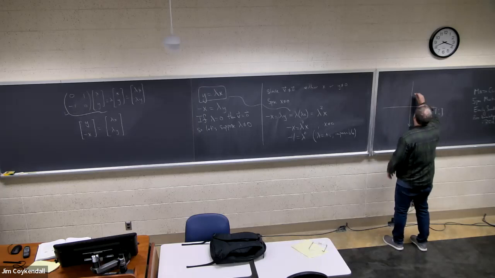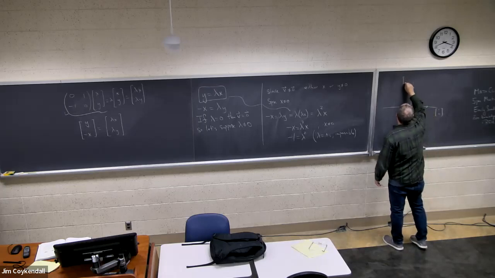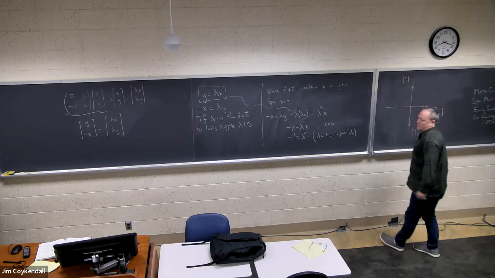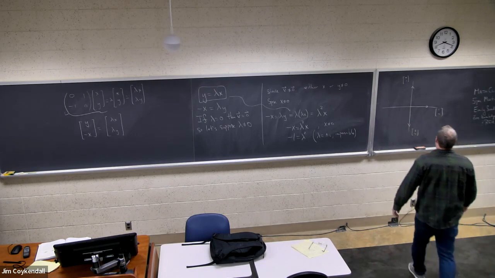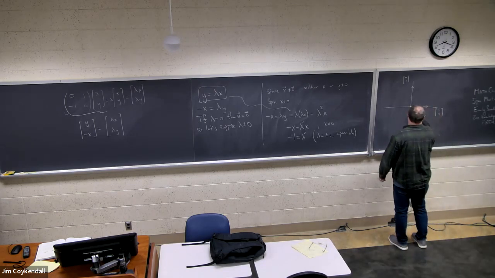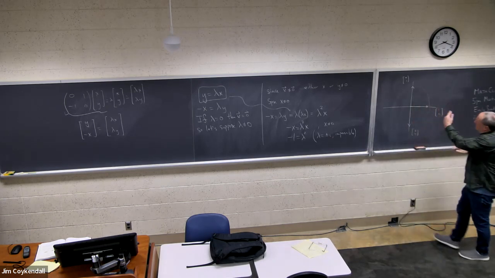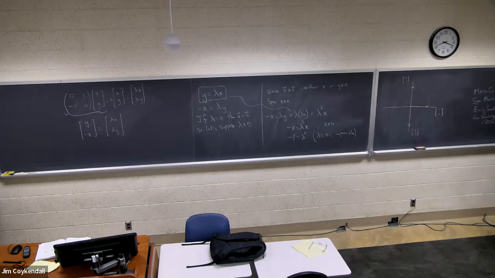And where does 0, 1 go? Now x is 0 and y is 1. That goes to 1, 0. That actually goes here. Looks like that's 90 degrees clockwise. Everybody agree with it? Is that the same as 270 counterclockwise? Yes, it is.